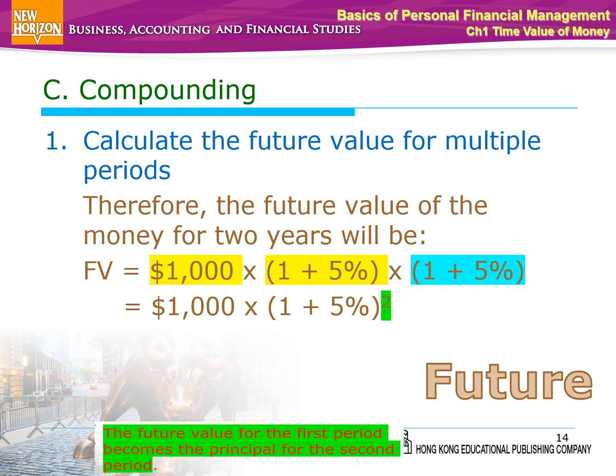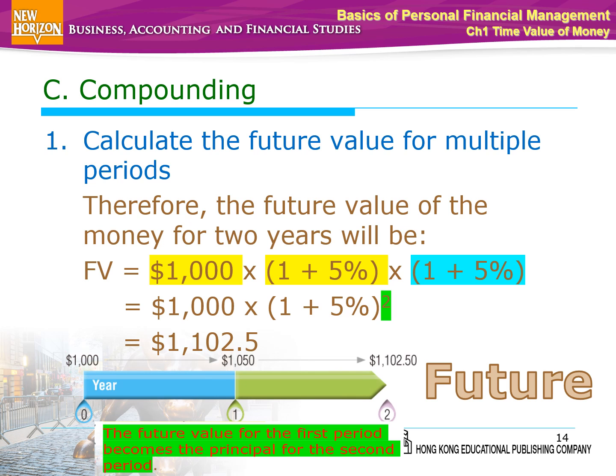So we group together 1 plus 5% into power 2. Power 2 is equal to $1,102.50. So in this case, you see the total of the interest when you're making use of compounding is more than simple interest on the initial $1,000 investment.